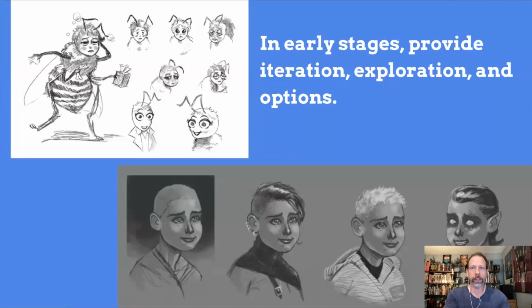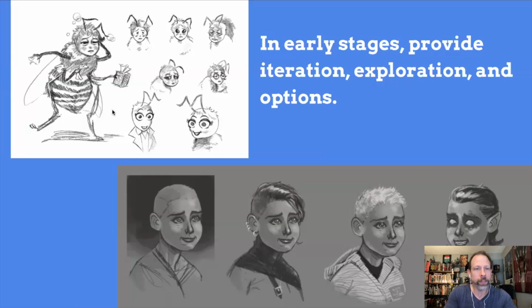Then, thinking about iteration and exploration, here's more of that sketchiness, because this character that I was developing for a client was not complete at the time, and they said, show me some different ways we could be looking at this character.